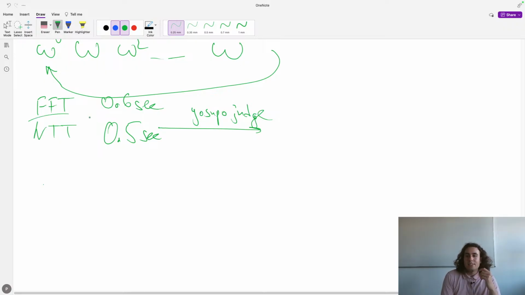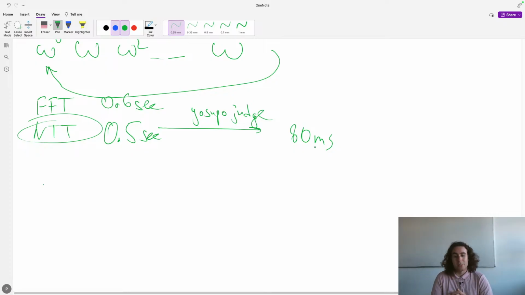And on that website, the fastest implementation of NTT works in 80 milliseconds on the inputs that we have. So this is another factor of 6 improvement to our algorithm. So there is a long way to go, but that's not very relevant. You already can solve almost all problems that exist.